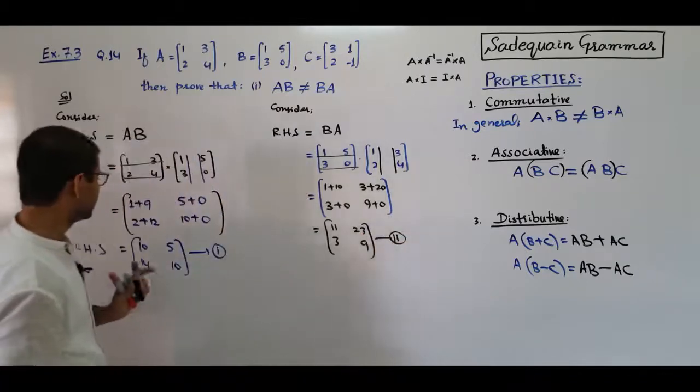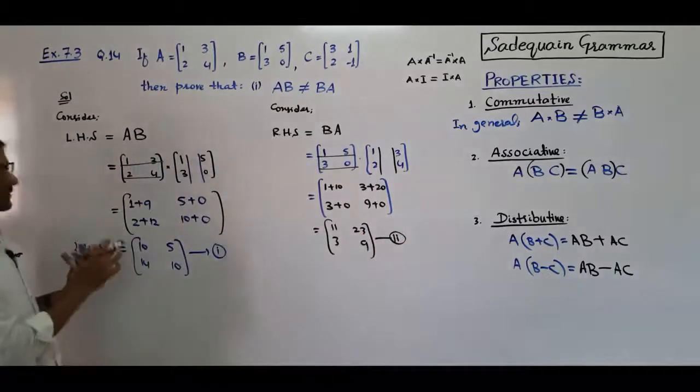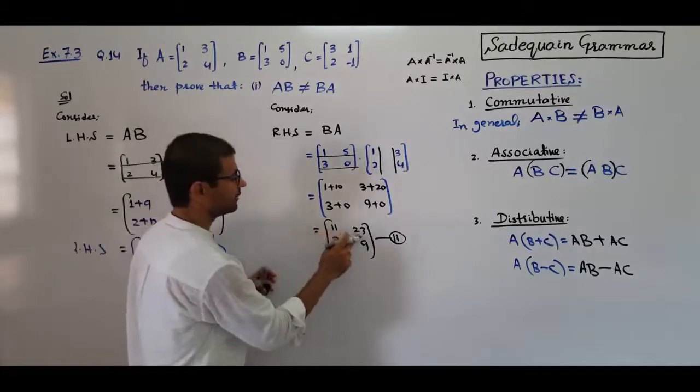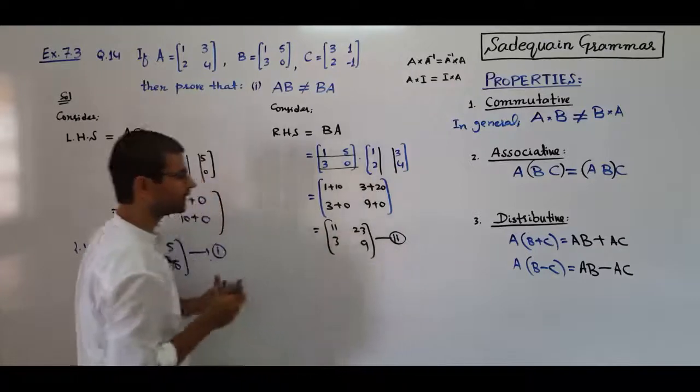Now students, as you notice, left hand side is 10, 5, 14, 10. Right hand side is 11, 23, 3, 9. Both are different.